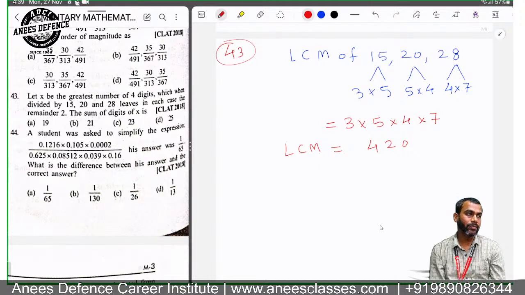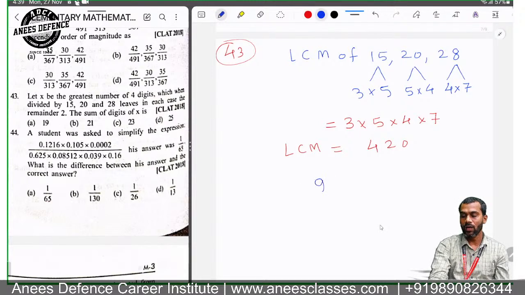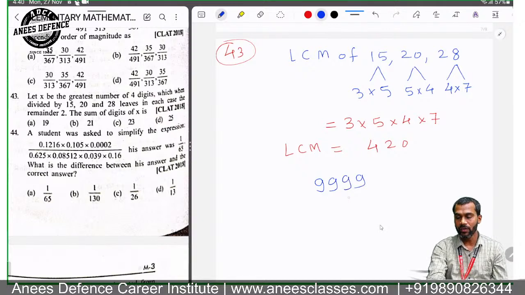And write the greatest 4-digit number in terms of a multiple of 420, I mean 420 into n plus 2, because the remainder should be 2. So what is the remainder if we divide the largest 4-digit number, 9,999, by 420? What is the remainder?